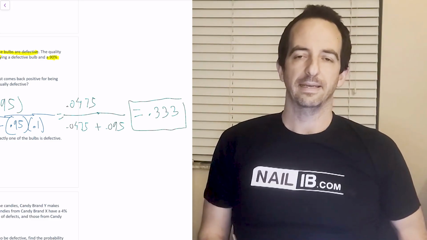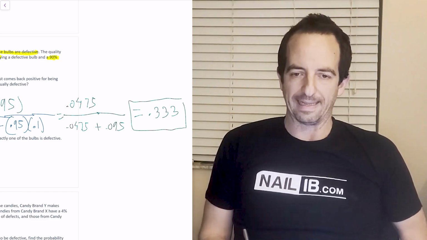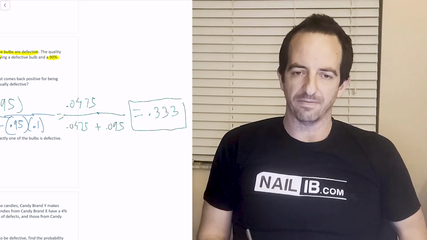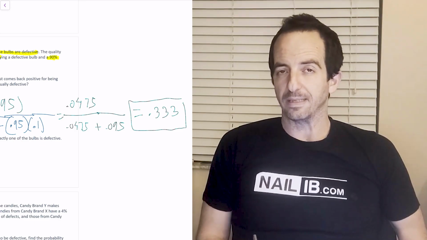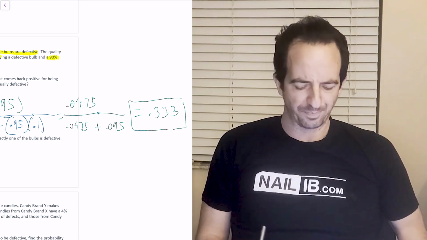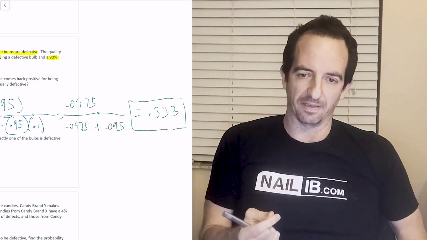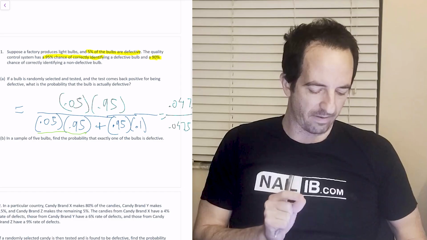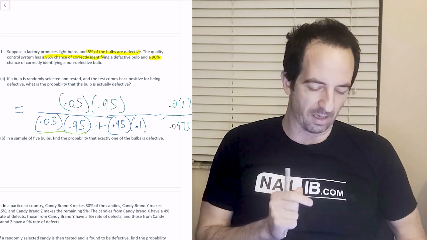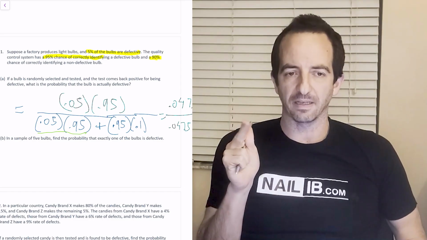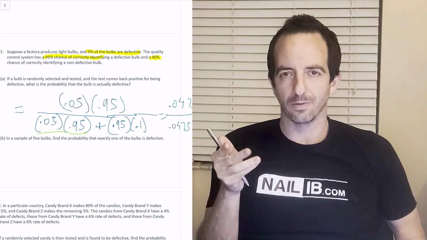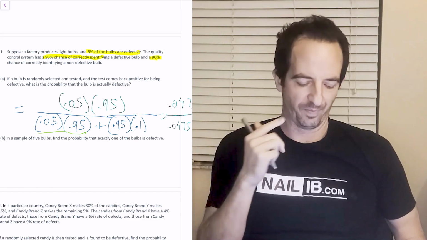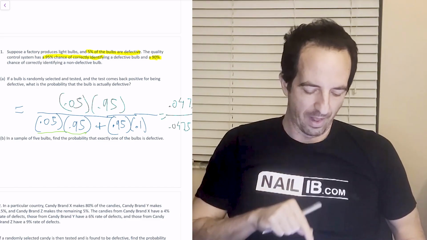In other words, given that a bulb was identified as being defective, really only 1/3 of the time will that bulb actually be defective. And that stems from the fact that, of the 95% of the bulbs that are not defective, 10% of those will be identified incorrectly as defective.